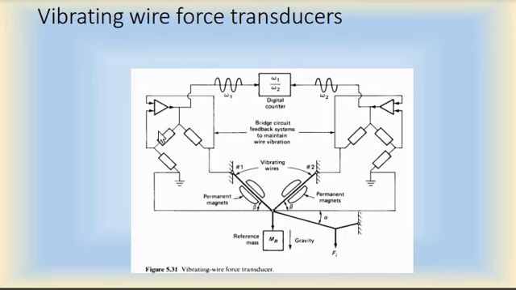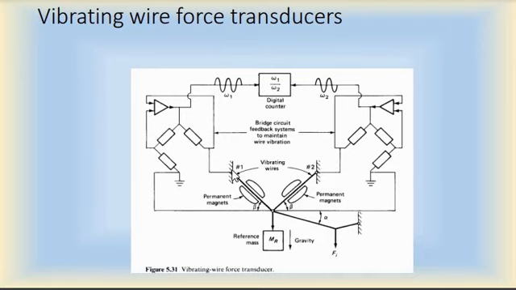The bridge circuit output is given as an input to the amplifier, and the amplifier amplifies the signal. The amplifier output is proportional to the vibration in the wire itself. This amplifier signal is given to the digital counter, and the digital counter counts the vibrations, and we get the output. For getting the output continuously and an accurate result, we need to keep this wire vibrating.